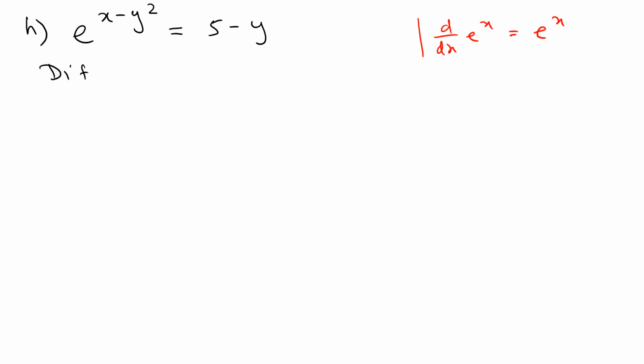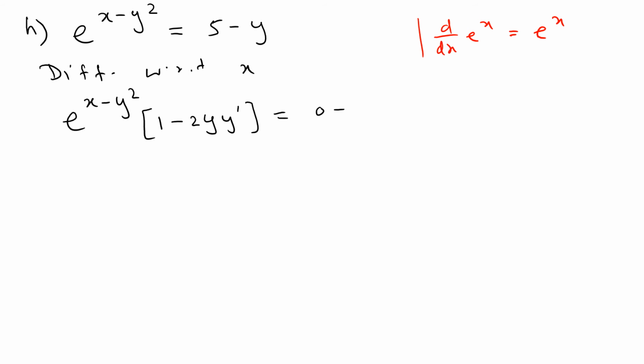Again, differentiating with respect to x: we repeat the function and multiply by the derivative of the inside function, which is 1 minus 2y y prime, equals on the other side 0 minus y prime, and then distribute. So e to the x minus y squared, minus 2y y prime in front, and then negative y prime.